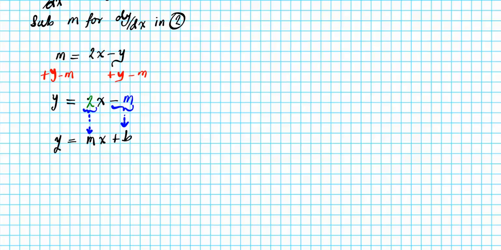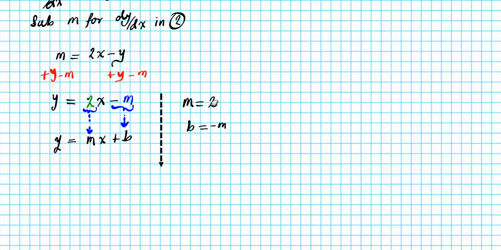So just match them up like that, and then it kind of makes sense what we're about to do. So we have the first solution that's easy to determine. m is equal to 2.